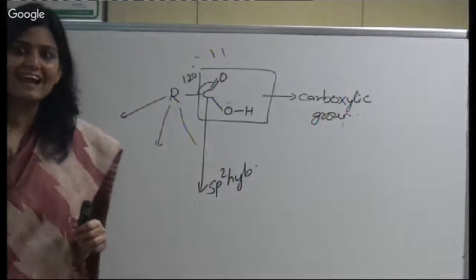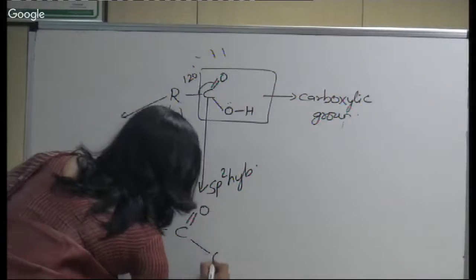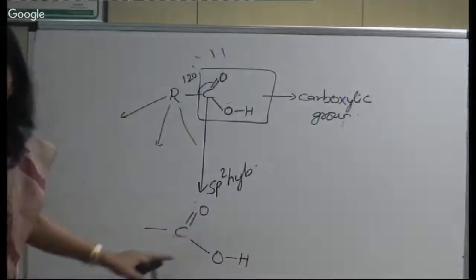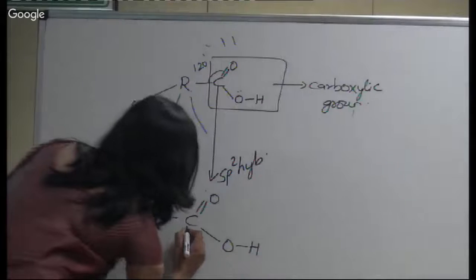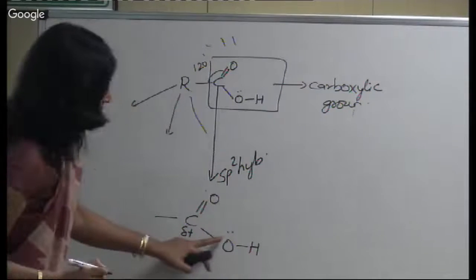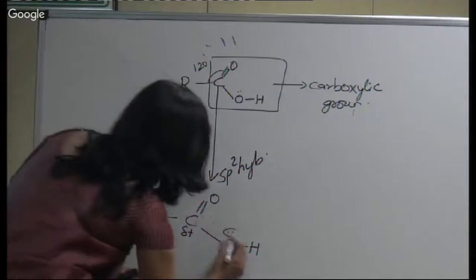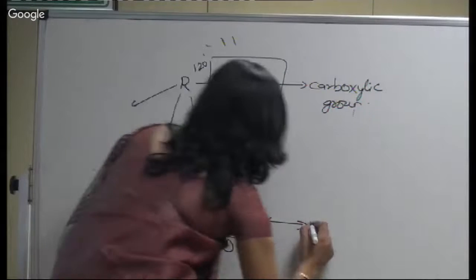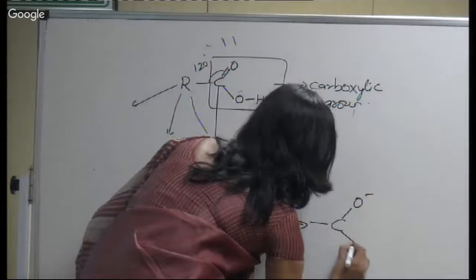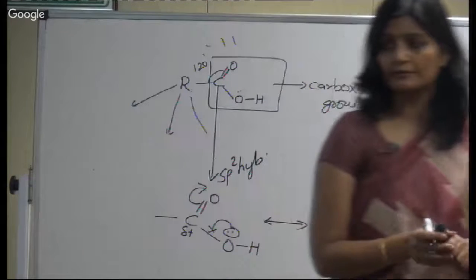If you remember, we have done delocalization in the aldehydes and ketones. Now here, you have a carbonyl group, and this carbonyl group offers a minus I effect because of the electropositivity of this carbon. So the lone pair of electrons on oxygen get delocalized like this.